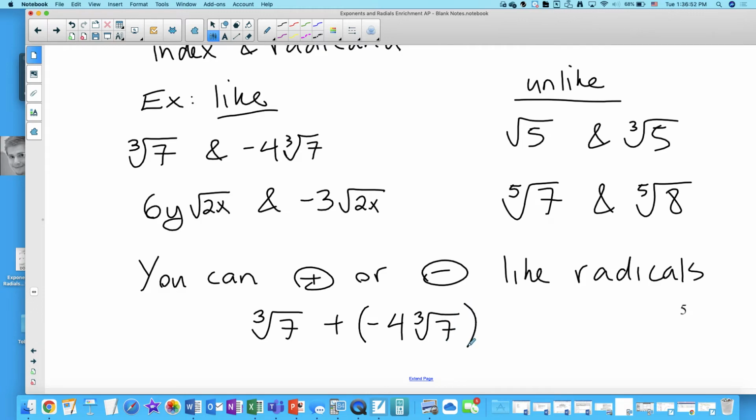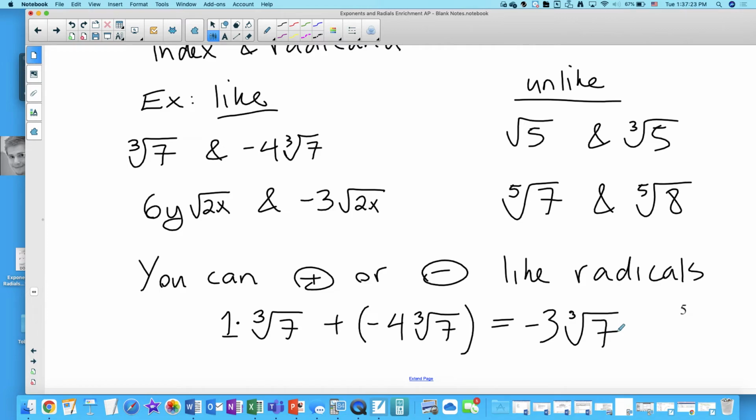This is almost like 1. I have 1 cube root 7, and I add negative 4 of them. How many do I have? Negative 3 of them, right? So this is negative 3 cube root 7. It's very similar to doing x plus negative 4x is negative 3x.